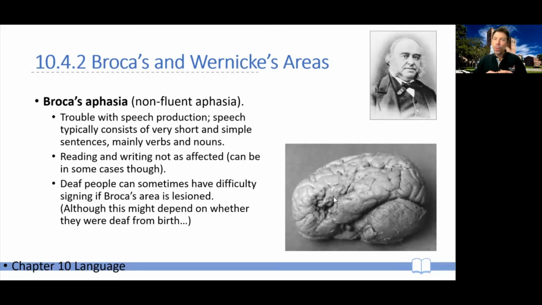So in a sense, they don't seem to generate the complex syntax typical of natural language. Reading and writing are not as affected, although they can be in some cases. Interestingly, deaf people who get damage to this part of the brain can demonstrate it in their signing, although it depends on a number of factors.